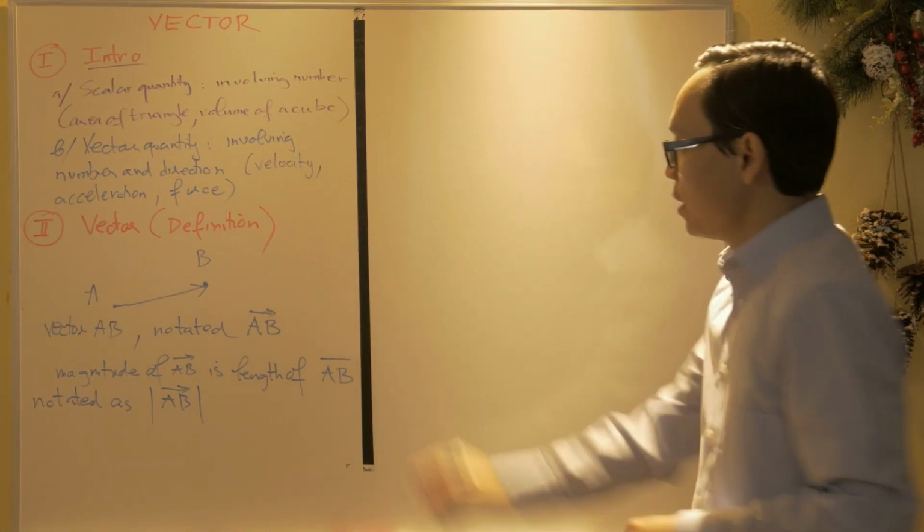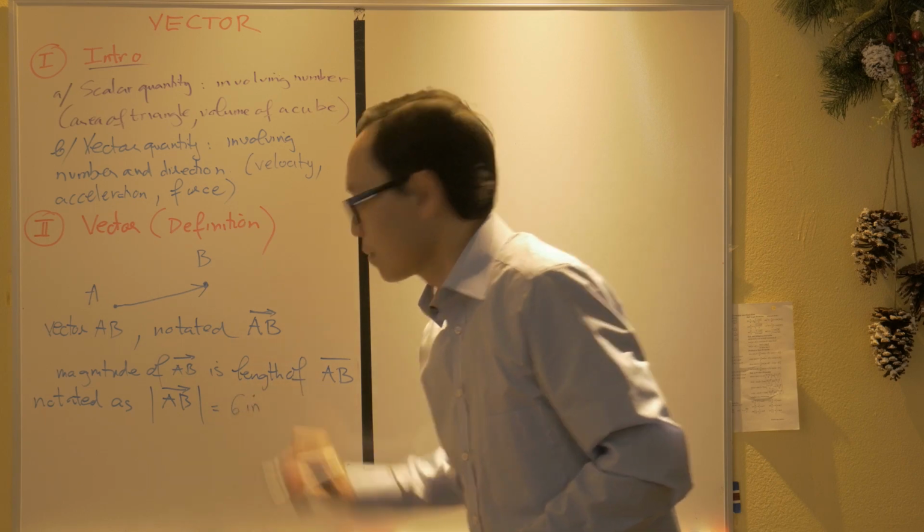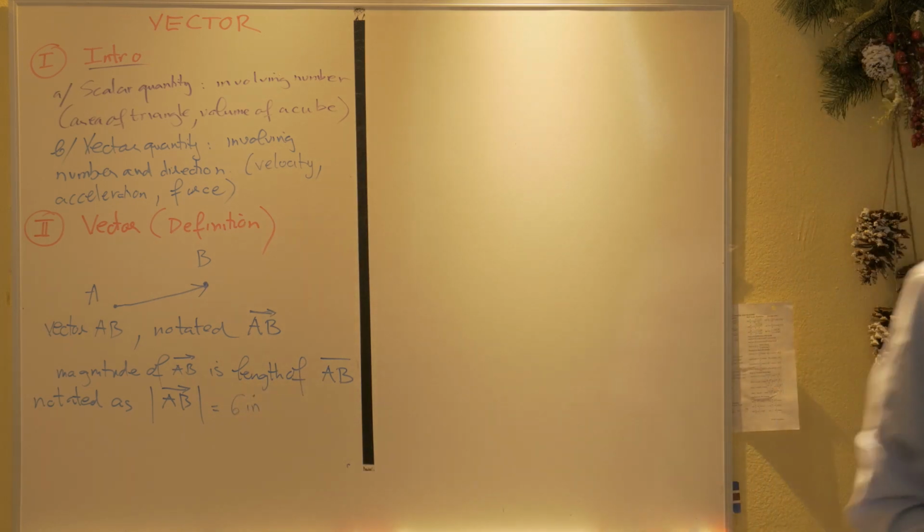For example, in this case the magnitude of vector AB is 6 inches.